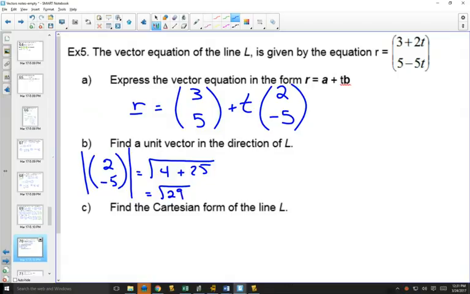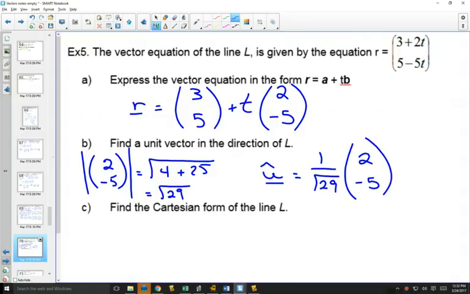It'll be the square root of 29. That's how long that vector is. So for my unit vector, I would have to divide by that. And you could distribute that 1 over root 29 if you would like, or leave it.